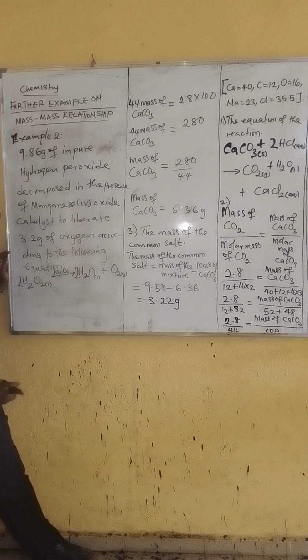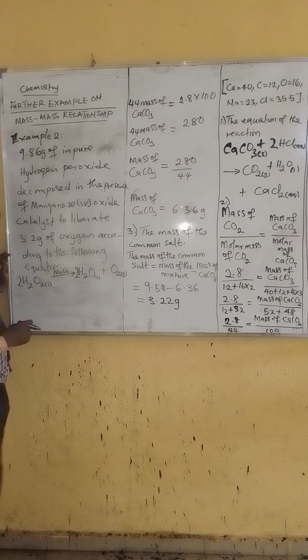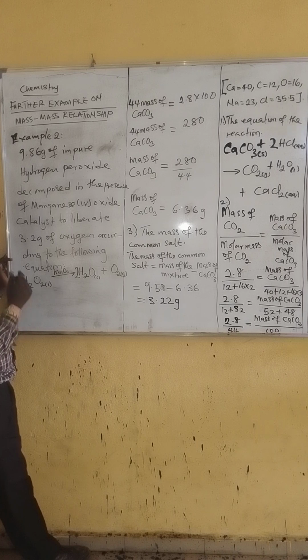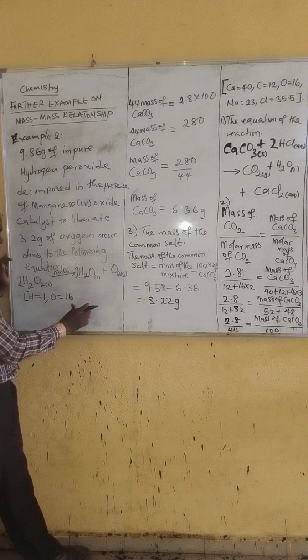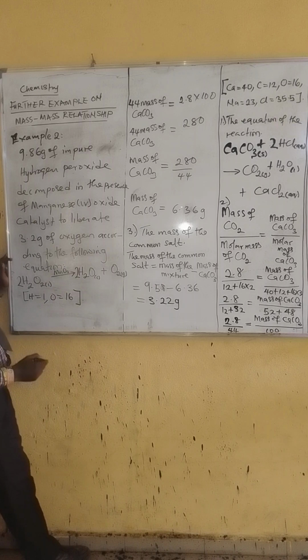The equation is now balanced. They will now say H equals 1, O equals 16.